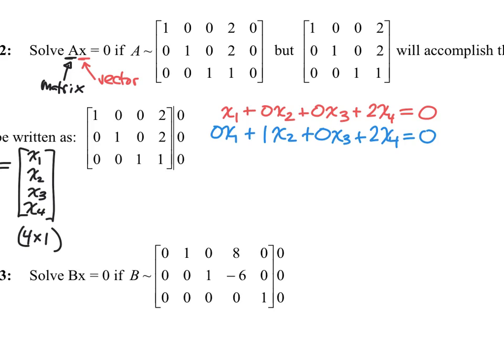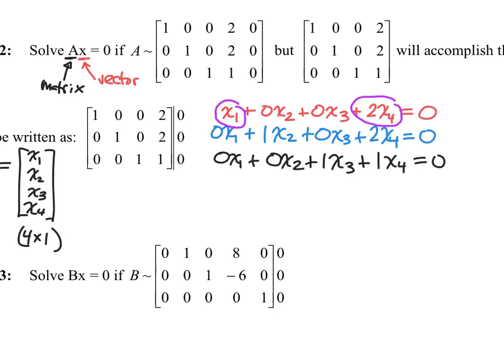And the last one is 0x1 plus 0x2 plus 1x3 plus 1x4, also equal to 0. So I'm just going to go through and circle in the first one the two relevant values.